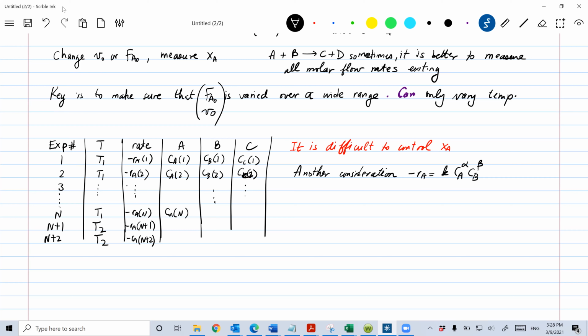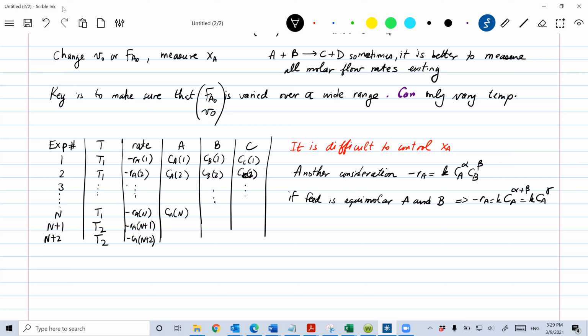Now, if you have a system like this and you feed equimolar A and B every time you do your experiment, then you can write the rate law in terms of a single concentration. There's a k missing here. So you can write this, and you can determine gamma.